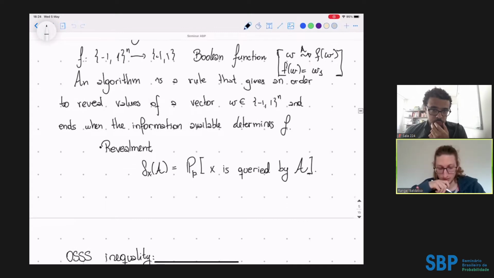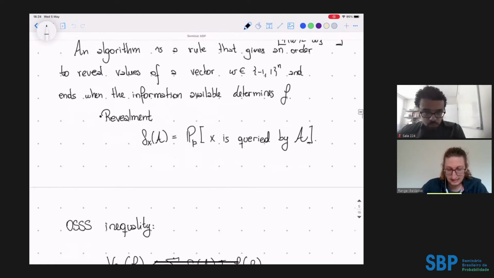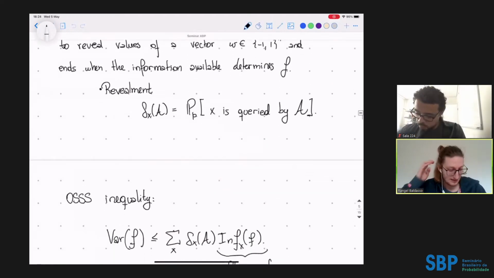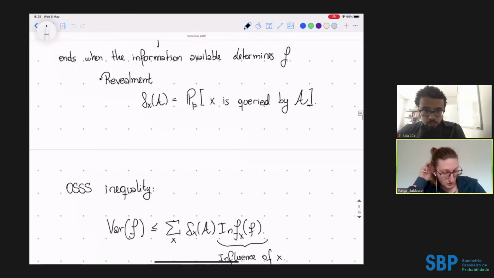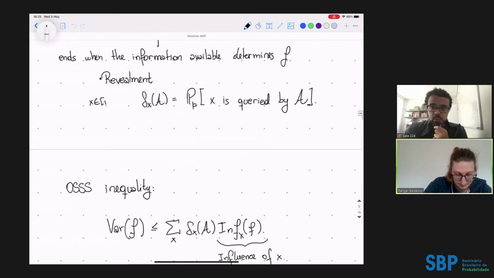So just to summarize, it's a rule that gives you an order in which you reveal bits, and in the end you need to be able to determine the value of f. So this is an algorithm that determines the function f. And given the algorithm, you can define the revealment of this algorithm. So for some x in n.